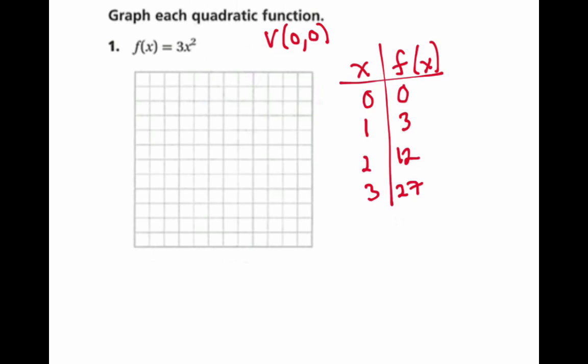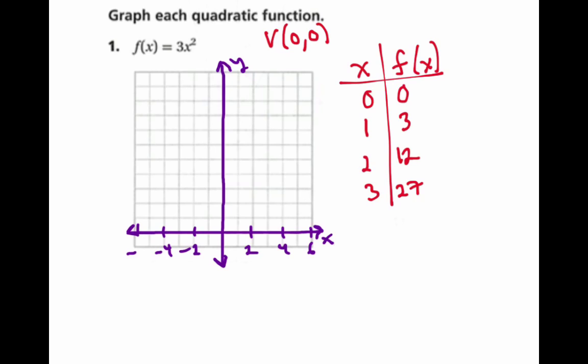And now I just need to figure out where I need my origin to be in order to be able to graph this. My vertex is 0, 0. It's going to be centered, but it's going to open up. So I should probably put my origin somewhere down near the bottom middle. Include my scale. Plot my points, as many as I can. So I plot points.